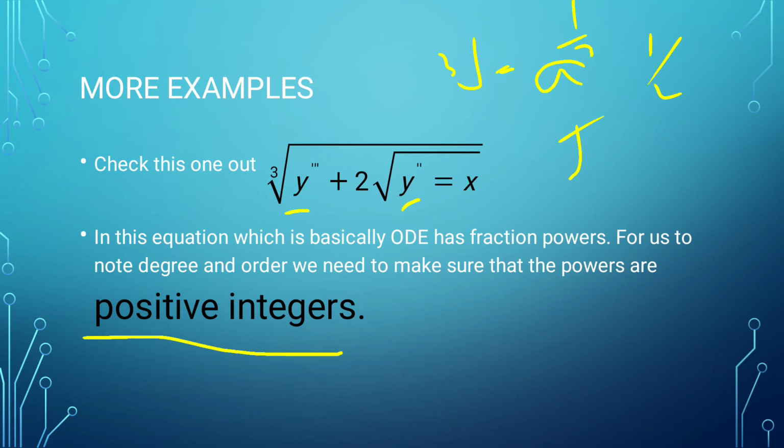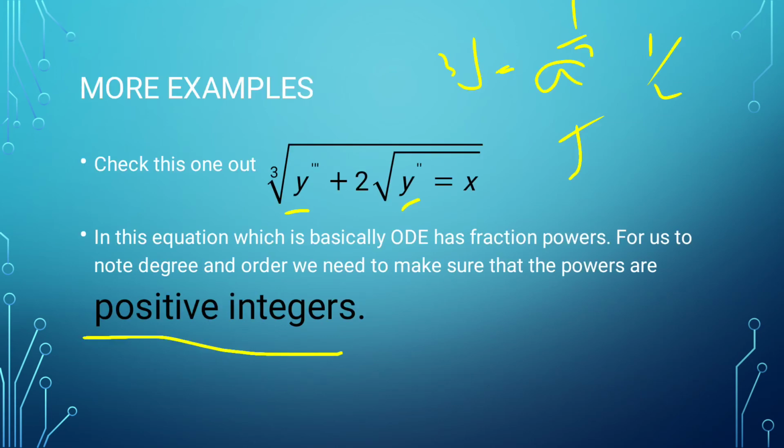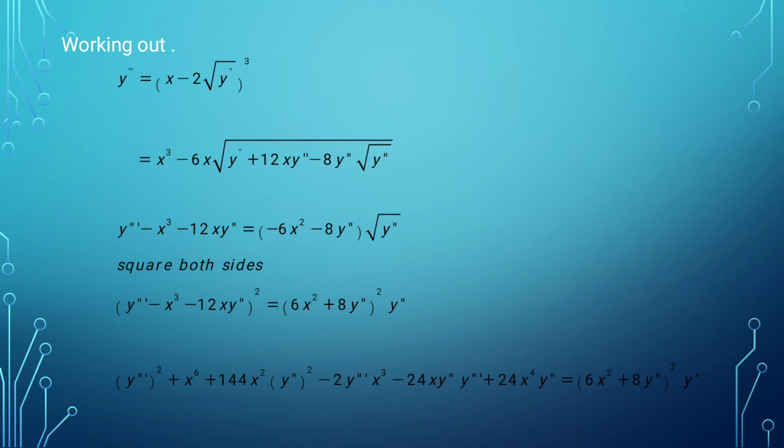So what do we do about this? We now have to convert our equation to have integer powers. So in this case, what I've done here is basically raise to the power 3 on every side. I powered by 3 here, by 3 here, by 3 there.